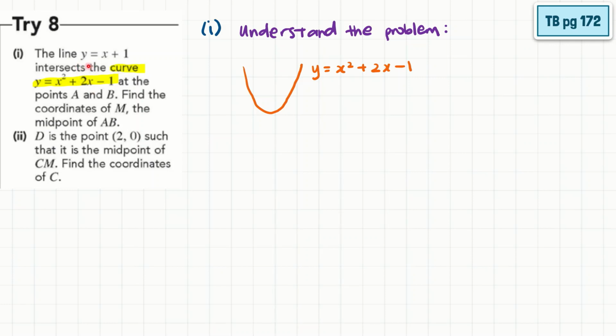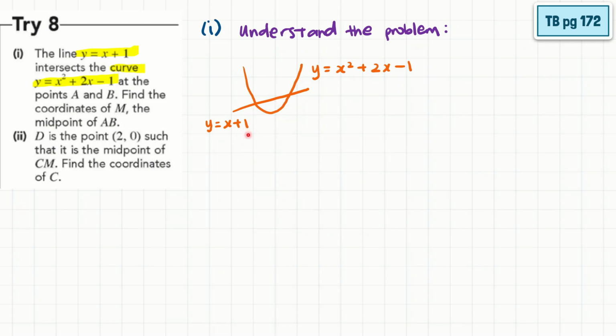So this line is y equals to x plus 1. And the coefficient of x tells us the gradient of this line, and since the coefficient is actually positive 1, it means that it is an upward sloping line, hence we can draw something like that. So this is just a rough sketch. It need not have the axes itself, we're just trying to understand the problem. So in this question, it says that the intersection is at the points A and B. So I'm going to indicate the intersection.